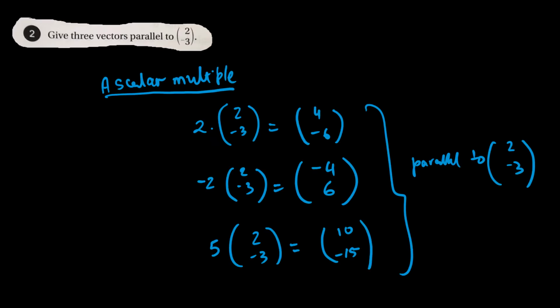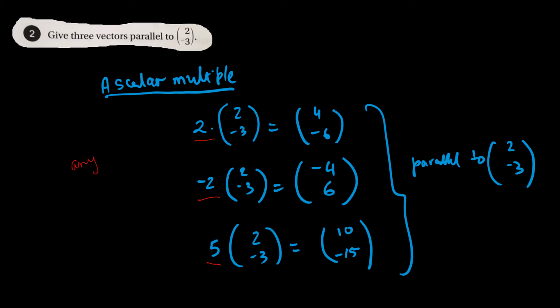Give three vectors parallel to (2, -3). When we have to find parallel vectors, the way to do it is to multiply by a scalar. So you get something like 2 times (2, -3), or you do -2, or you do 5, or you could do any positive or negative integer.